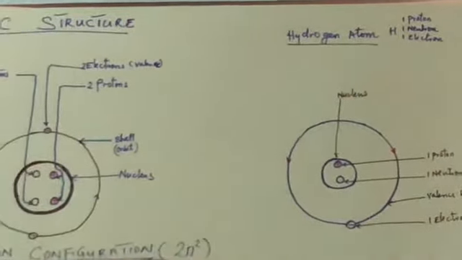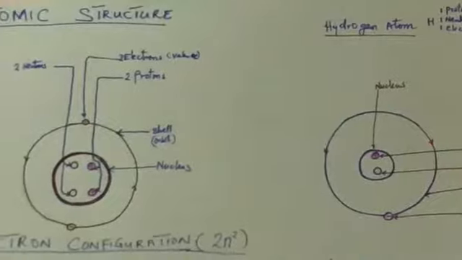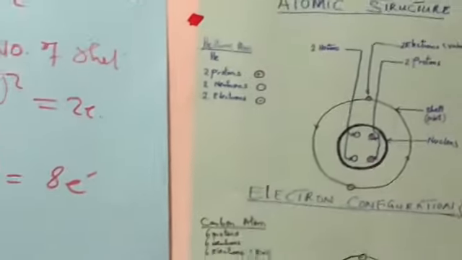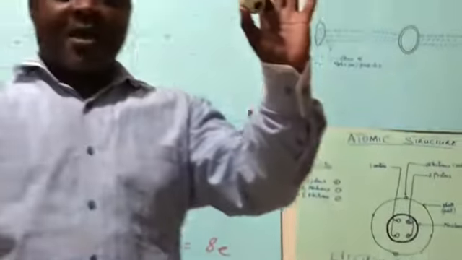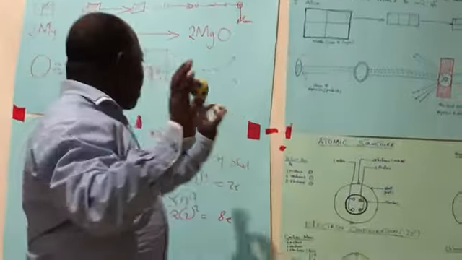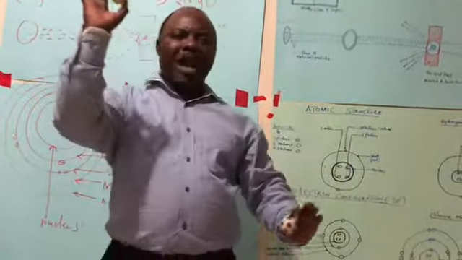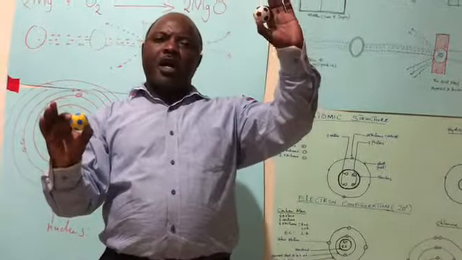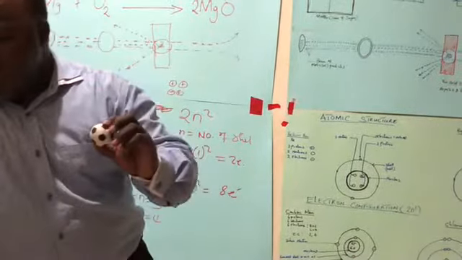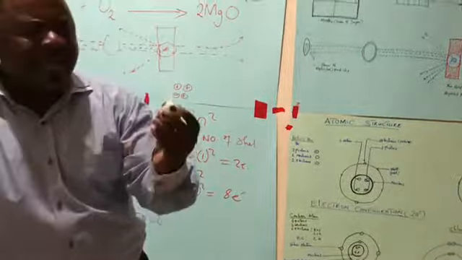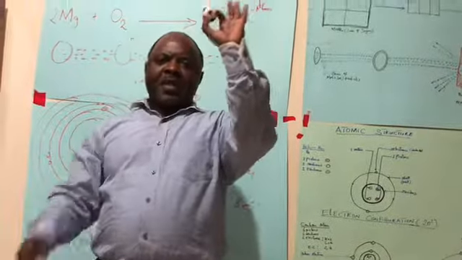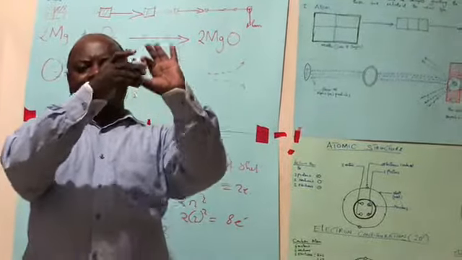The same thing goes practically. Let me show you a good example. These are two atoms, the atom of helium and the atom of hydrogen, or an atom of carbon. Take for instance this atom of carbon. This is how it is represented.